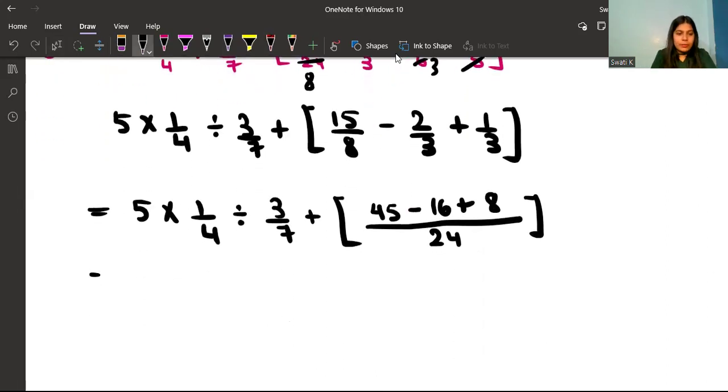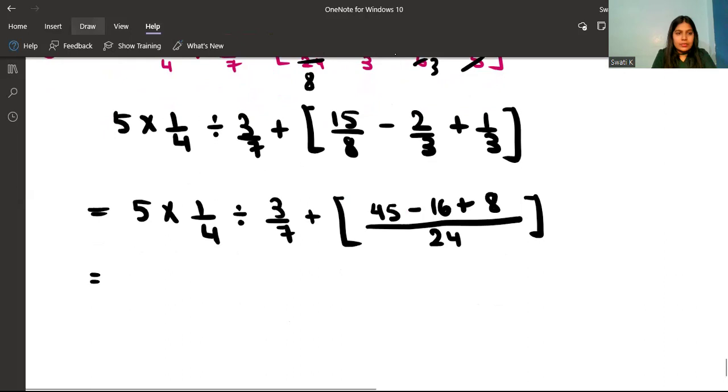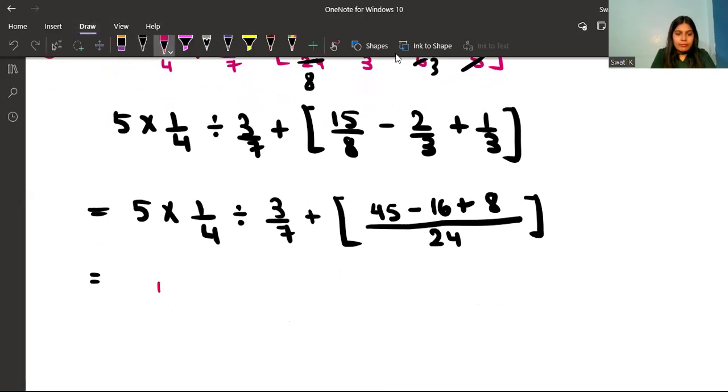So of course, this will become 5 times 1 by 4 as it is, divided by 3 by 7 as it is, plus 45 plus 8, which is, of course, 45 plus 8 will be 53, and then 53 minus 16, right?